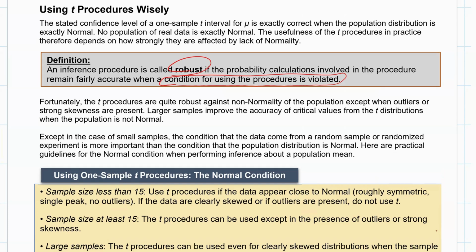When the normal condition is not met, for example, if we have large sample sizes greater than 30, hey, we are okay. We're feeling really good. But one of the other things that was said was if the population is known to be normal. But if the population is known to be normal, how would we know?